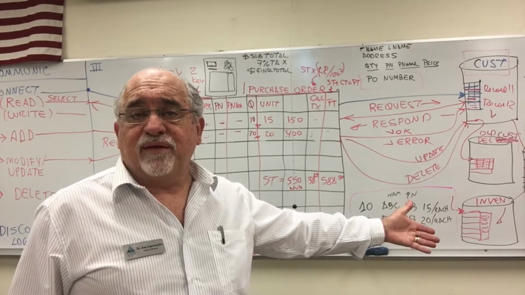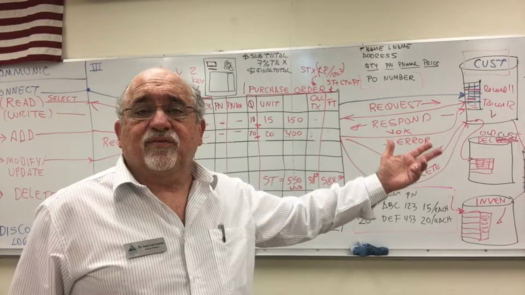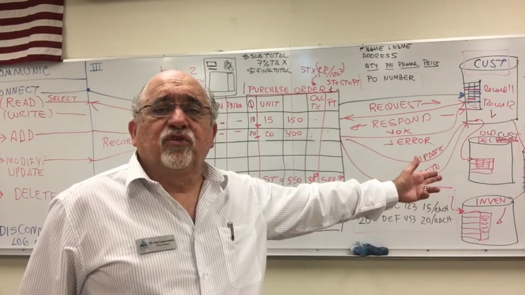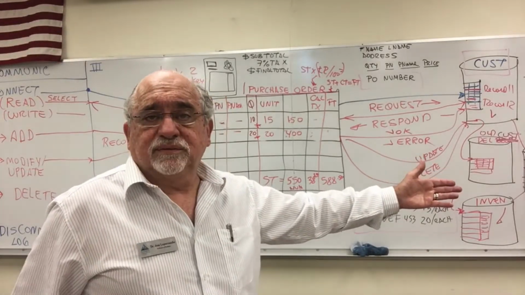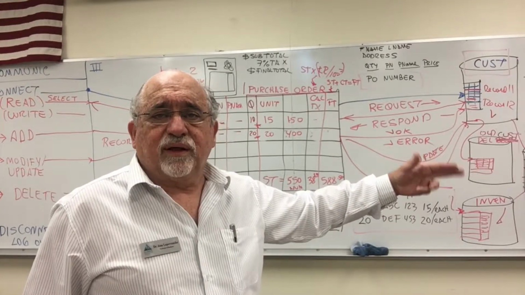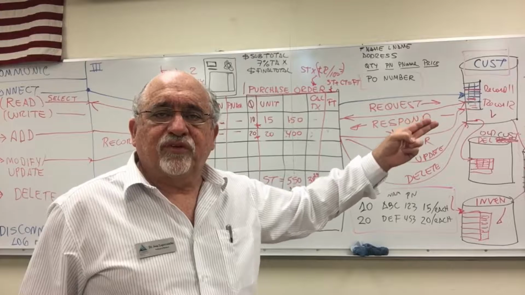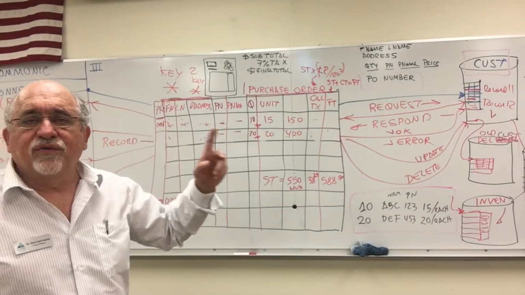And then we combined the customer database with the inventory to produce a purchase order table that we don't see here on the screen. The purchase order database has a combination of the customer information and the inventory information that we can see here on the table.